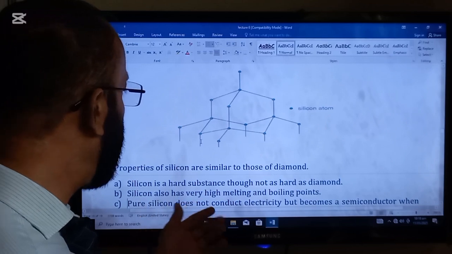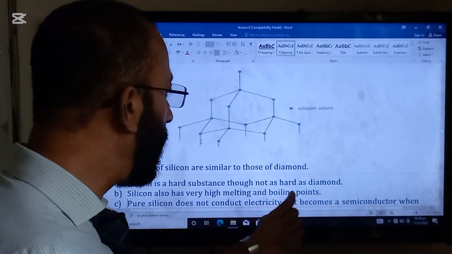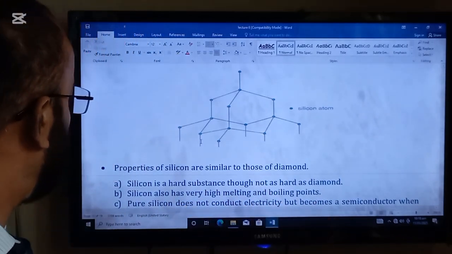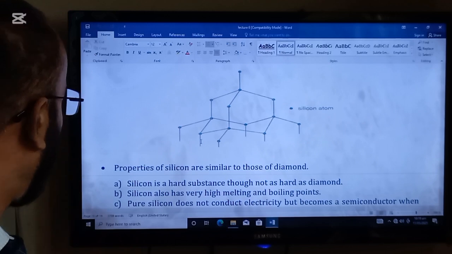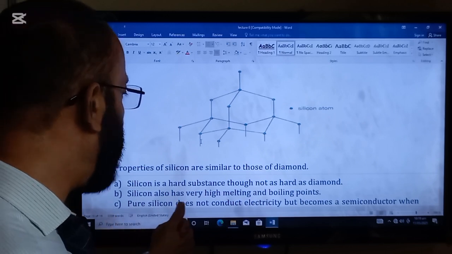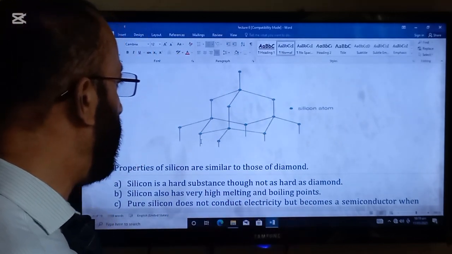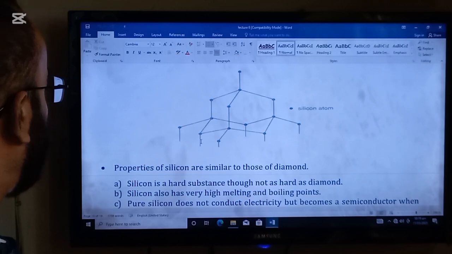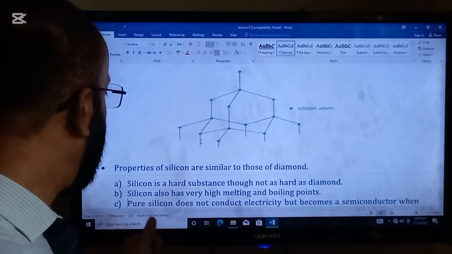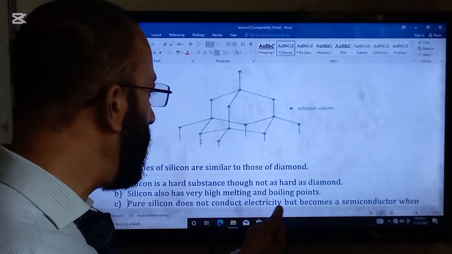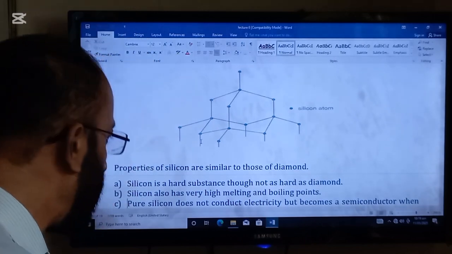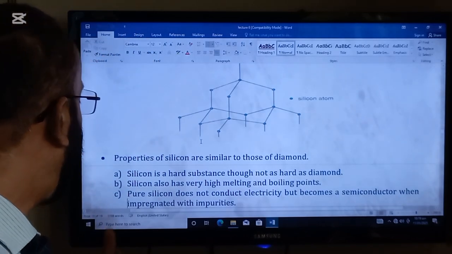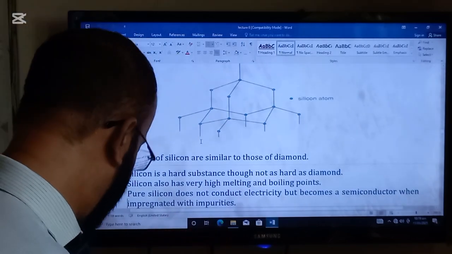Silicon is a hard substance, though not as hard as diamond. Silicon also has very high melting and boiling points. Pure silicon does not conduct electricity but becomes a semiconductor when impregnated with impurities.